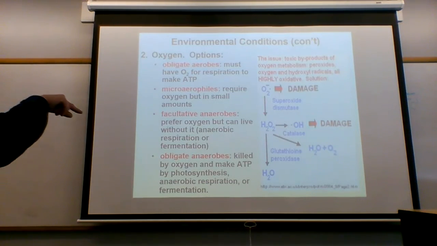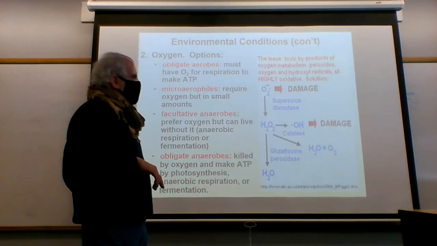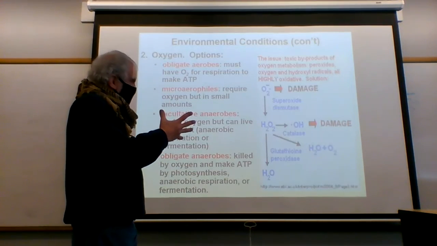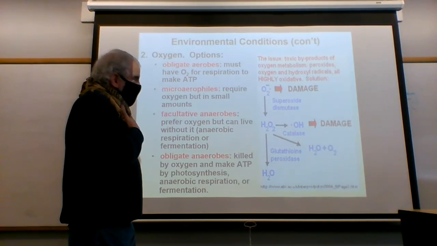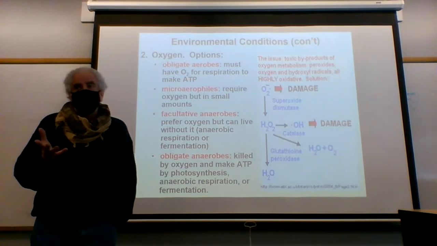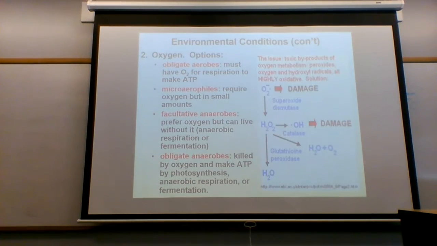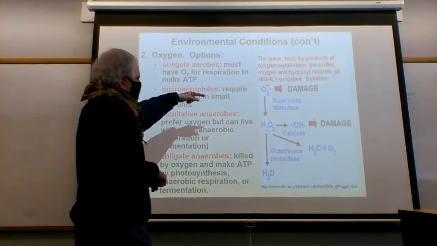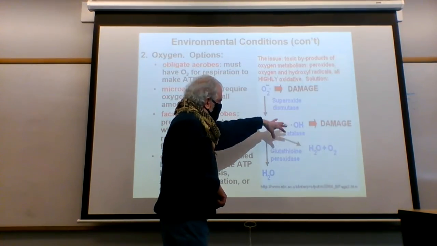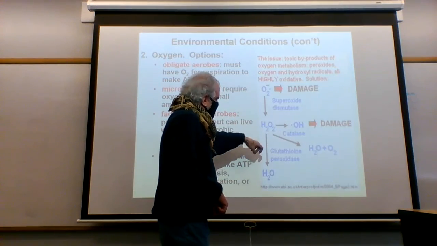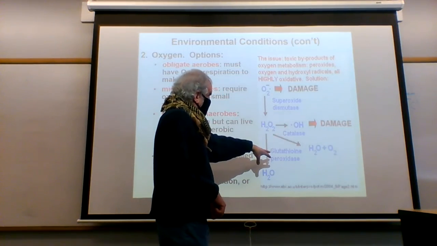So oxygen does generate some fairly corrosive molecules. We use oxygen, but we also have to deal with the after effects of using it, in that there are oxygen radicals that are damaging to our bodies. So you get the oxygen radical, and you have different kinds of enzymes that can relieve this.